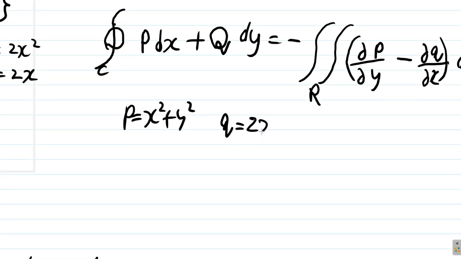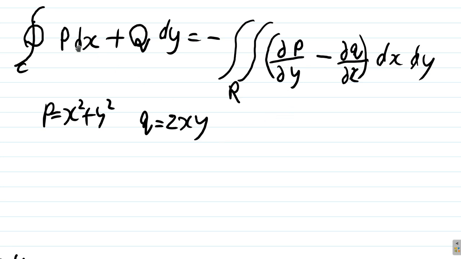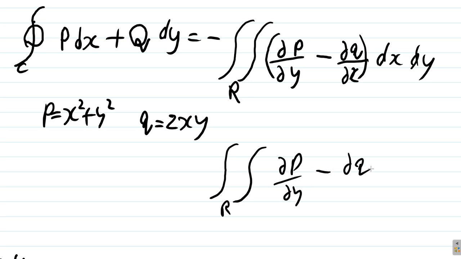So Q is 2xy. Alright? Now you want delta P and delta Q. So we rewrite this thing here. The double integral around R of delta P by delta y minus delta Q by delta x dx dy.